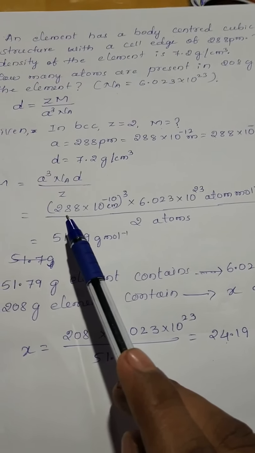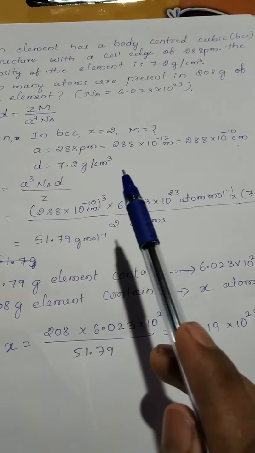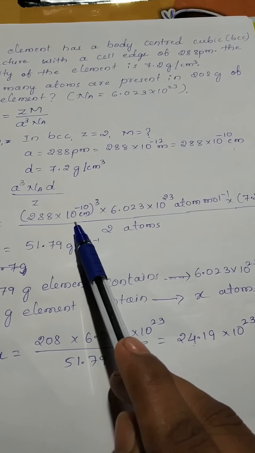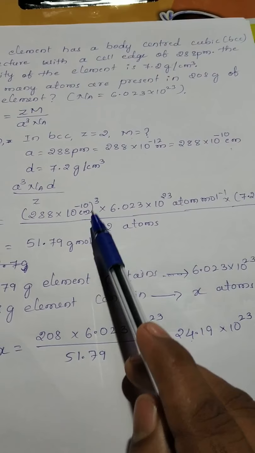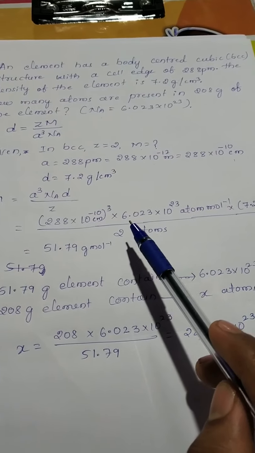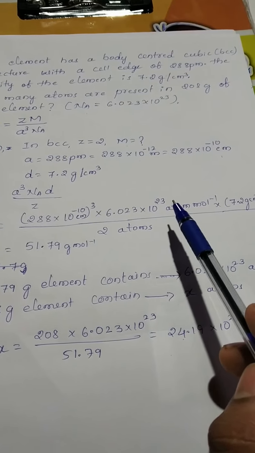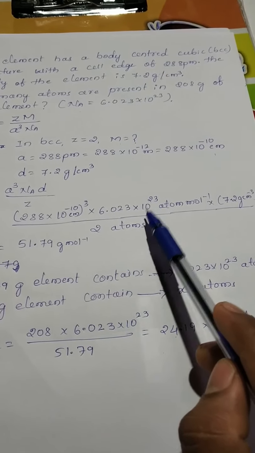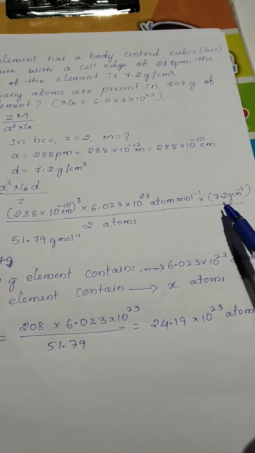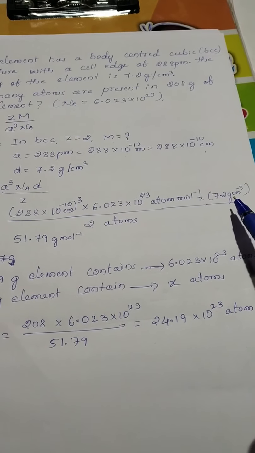Edge length they have already given, 288 picometer. I have converted picometer into centimeter, hence 288 × 10^-10 centimeter cube, because cube is there, into Na, 6.023 × 10^23 atoms per mole, that is the standard Avogadro number. Then density they have given as 7.2 gram per cm cube.